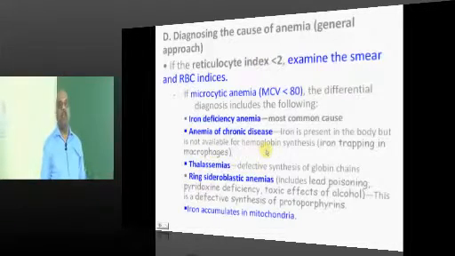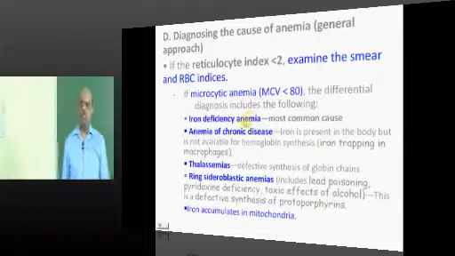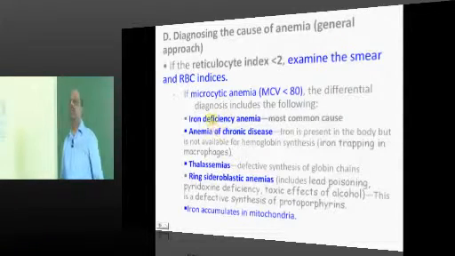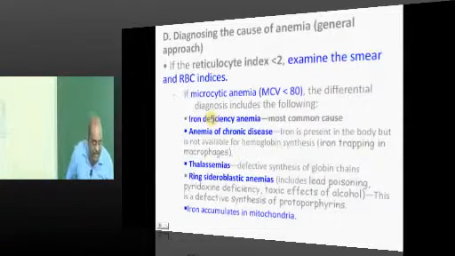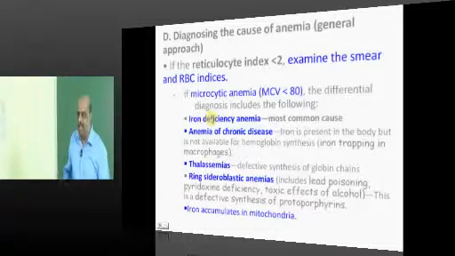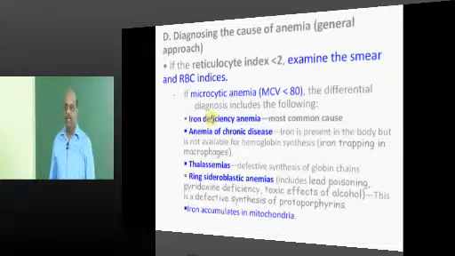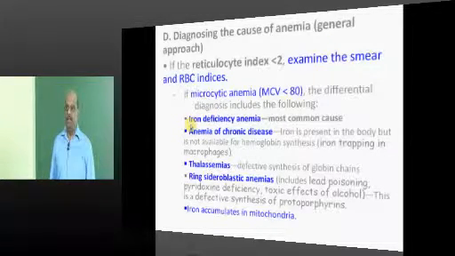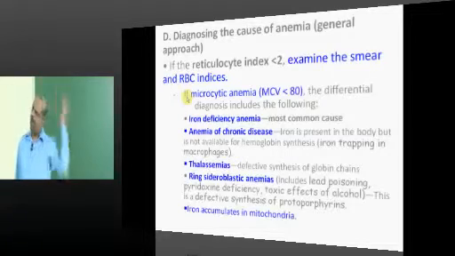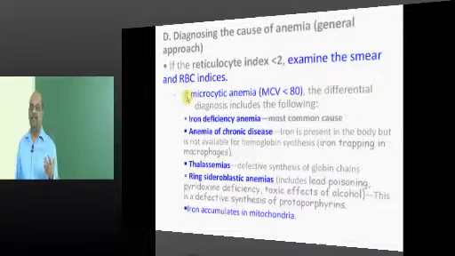If it is anemia of chronic disease, can you give me an example of a chronic disease which can lead to anemia? For example, somebody is having rheumatoid arthritis, somebody is having SLE, somebody is having leprosy, somebody having tuberculosis, osteomyelitis. So many conditions where there is a chronic ongoing inflammation.